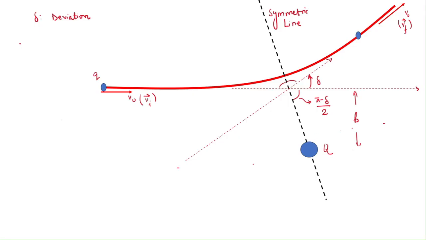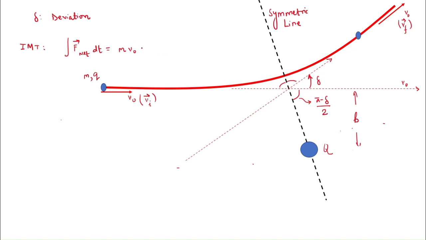Now if I apply the impulse momentum theorem, we can clearly see that effectively I have a vector of length v0 which only rotates. Now it rotates by some angle delta. Hence the change in velocity happens only along the symmetric line. Therefore I can say that integral F net dt, which by the theorem must be equal to the change in momentum, is equal to mass, let's call that small m, into the component of v0 along the symmetric line.